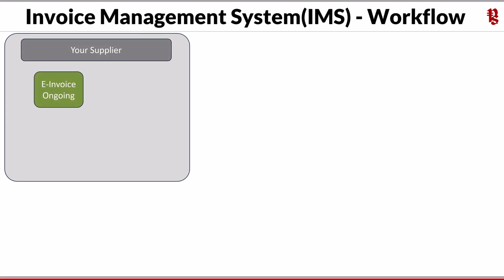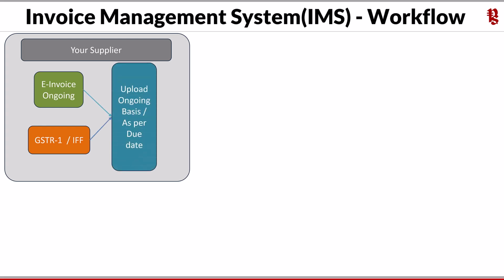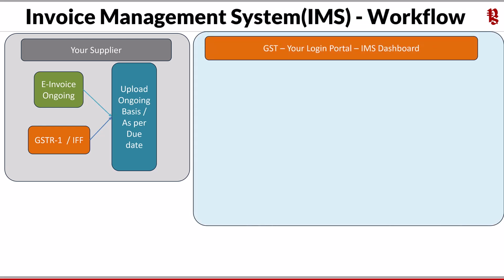Your suppliers generate e-invoices or file their outward supply through GSTR1, or QRMP dealers file IFF on a monthly basis, which is optional. The same gets uploaded onto the portal and will now reflect in your IMS on a real-time basis. Now let us come to your IMS dashboard.